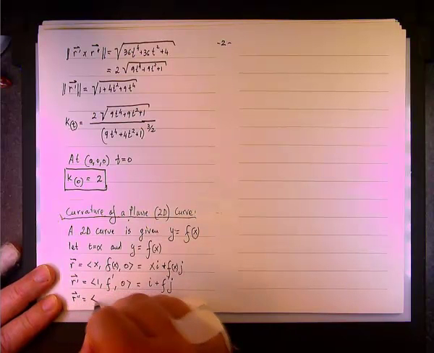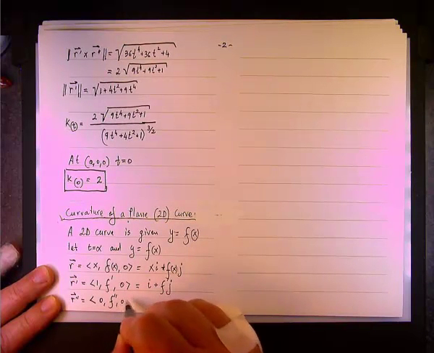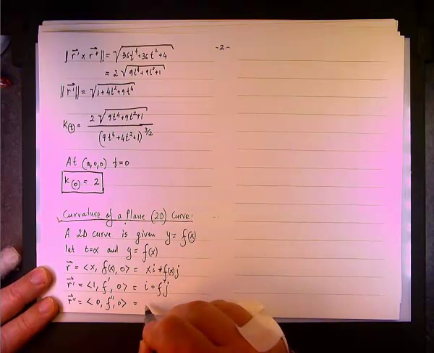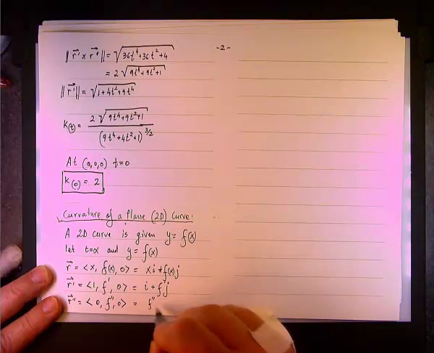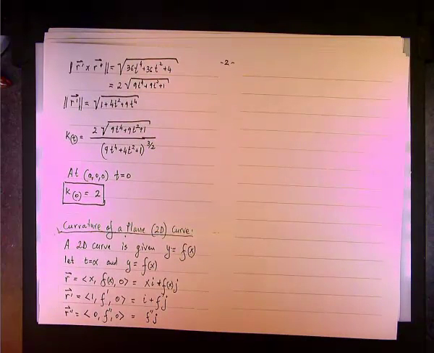So let me write it here. r double prime will be 0, f double prime, 0 in component form, or 0 i, and all you have is f double prime j in the ijk notation.